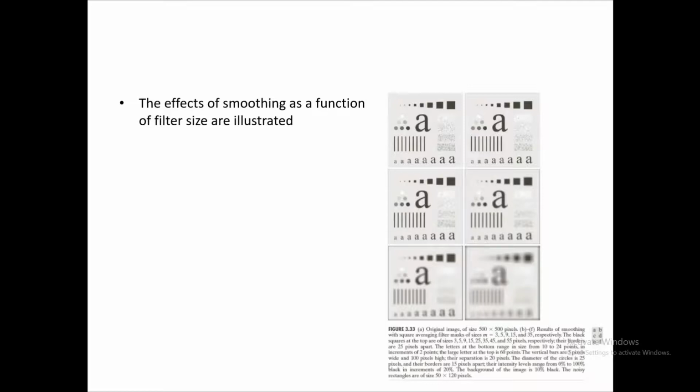The first image is the original smoothed with 3 by 3, the second with 5 by 5, and the third with 9 by 9. As the size of the filter kernel increases, the image looks more blurred, so the blurring effect increases with the increase of the filter size.